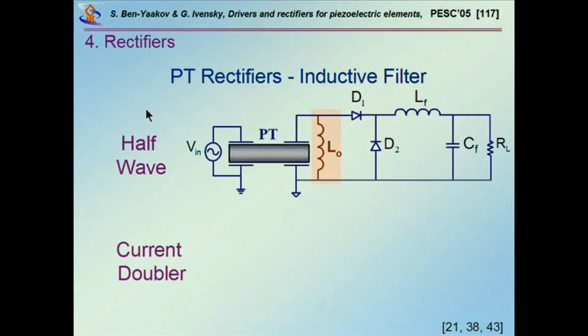Okay. I'm now turning to the question of rectifiers. If we are talking about a transformer or another source, a piezoelectric source like a generator, usually we like to have DC, and therefore we do have to rectify the AC which is coming off the piezo.